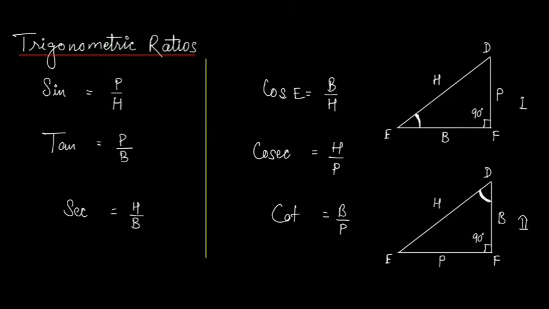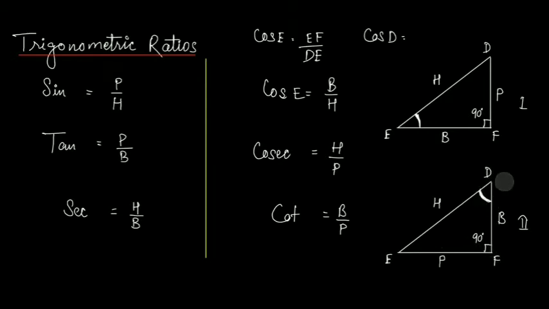Same thing if we find out the value of tan: if we find tan E and tan D, the same thing will happen. In the case of cos, the same thing will happen. Now see, cos E is equal to B upon H. For the first triangle we use E, the perpendicular is DF and base is EF.